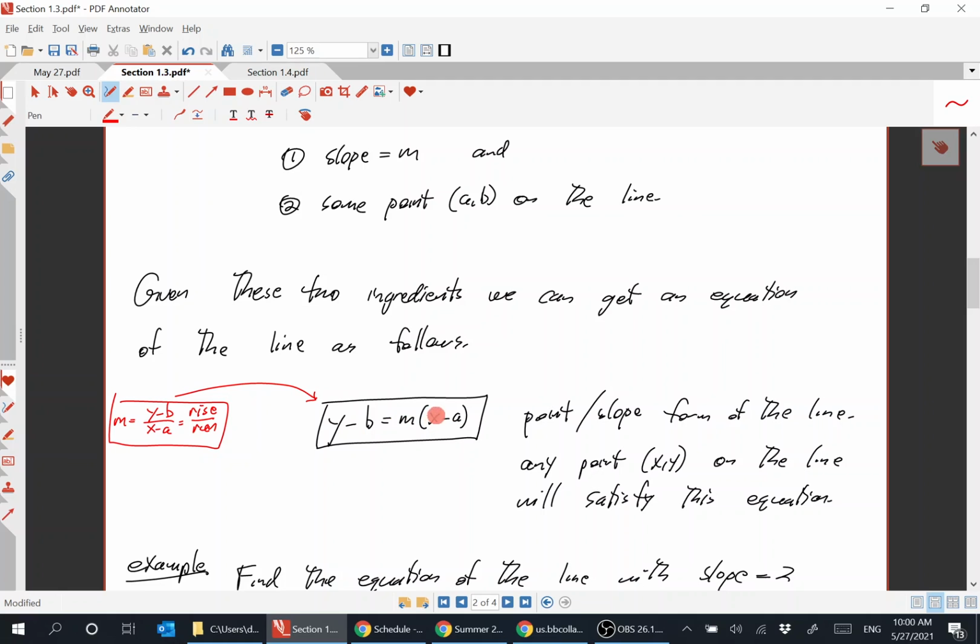Writing it like this makes it a linear equation rather than a fraction, which is often more convenient. And this is called the point-slope form of the line. Now any point (x, y) on the line will satisfy this equation because that slope parameter is a constant for any particular line.